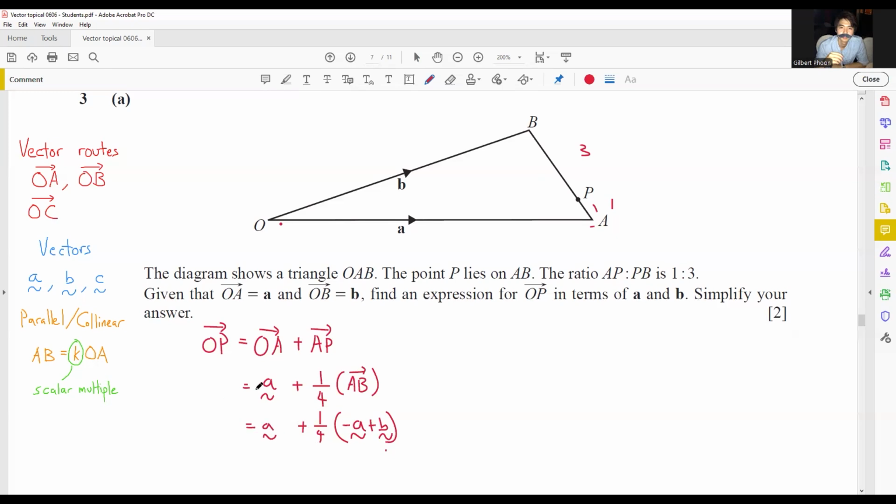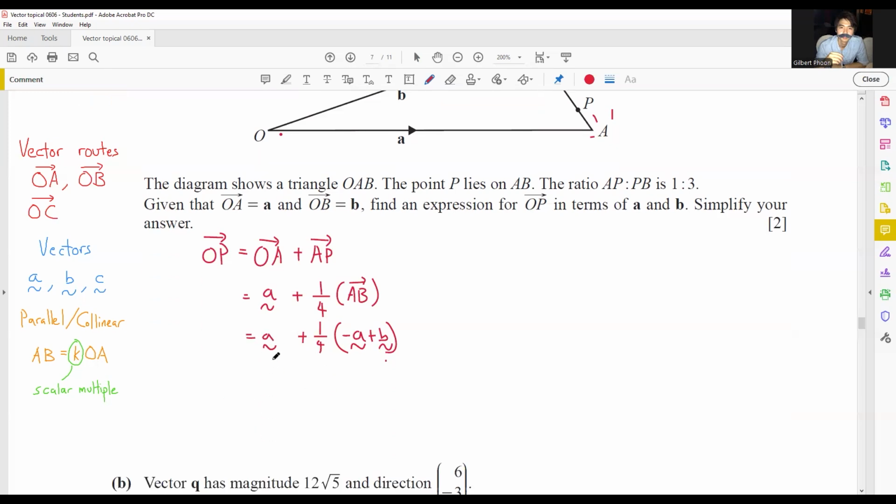From here, all we have to do is simplify the equation. a minus 1 over 4 a plus 1 over 4 b. Final answer is equals to 3 over 4 a plus 1 over 4 b.